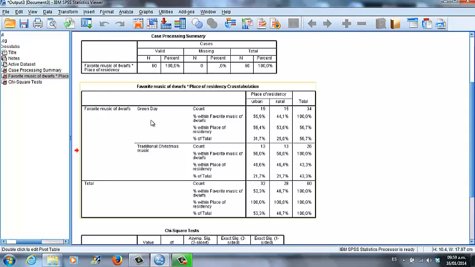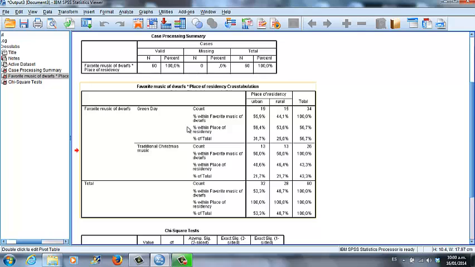We have three rows of percentages. We have first of all the percentage within favorite music of dwarfs. This gives us the percentages of the dwarfs that listen to Green Day that live on the urban side and those who live on the rural side. We have 55.9% of the dwarfs that listen to Green Day living in the city, and 44.1% of the dwarfs that listen to Green Day living in the countryside.